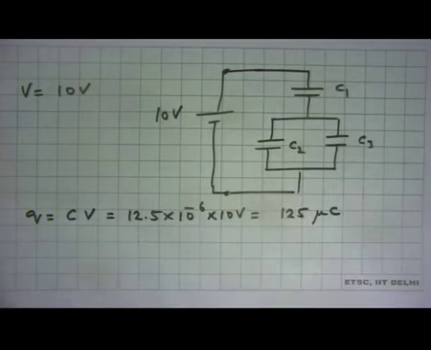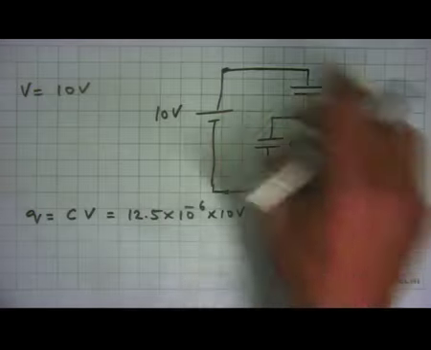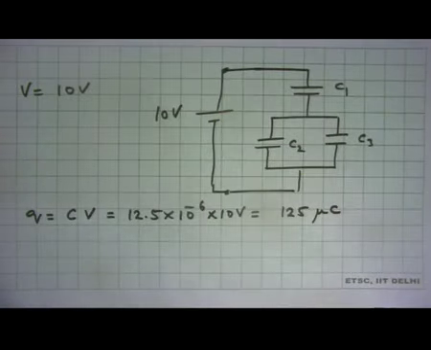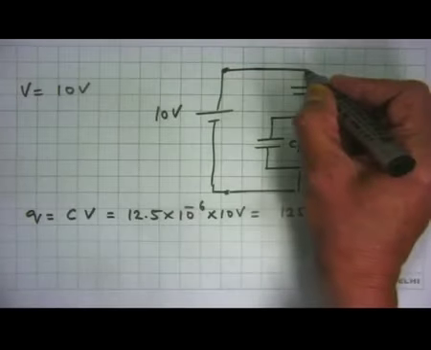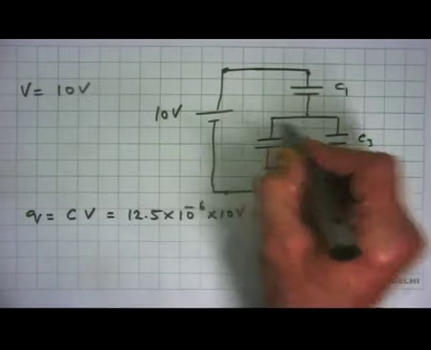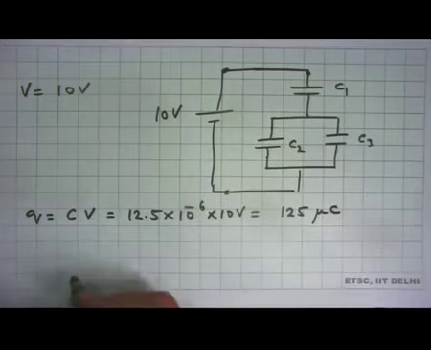So, the battery has supplied 125 microcoulomb to charge these capacitors. This 125 microcoulomb will get distributed among the various capacitors. I want to find out the charges in the 3 capacitors and their potential differences, for example the potential difference between these 2 terminals of a capacitor, and so on.